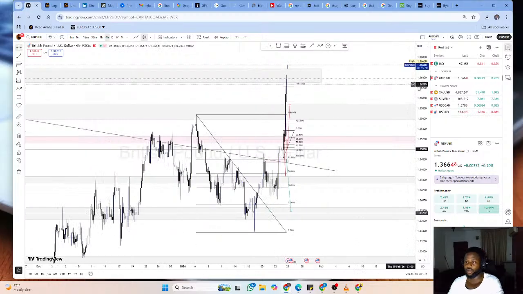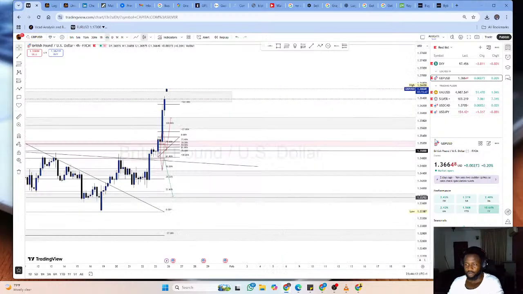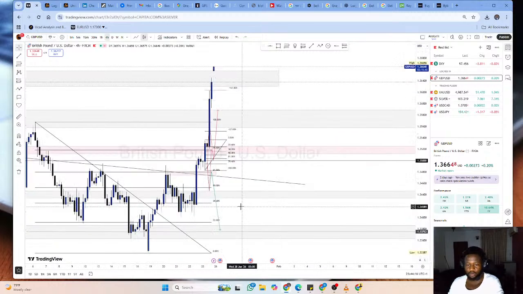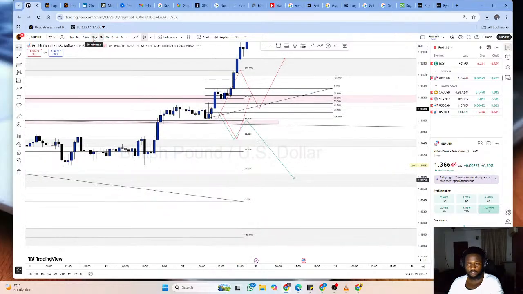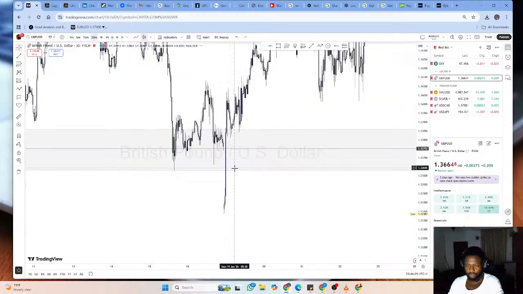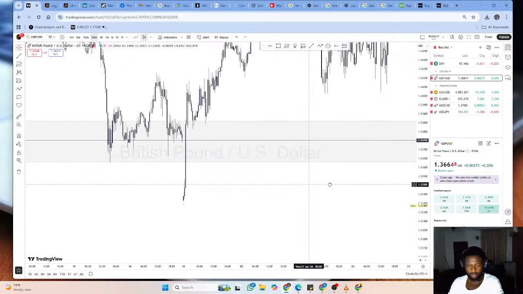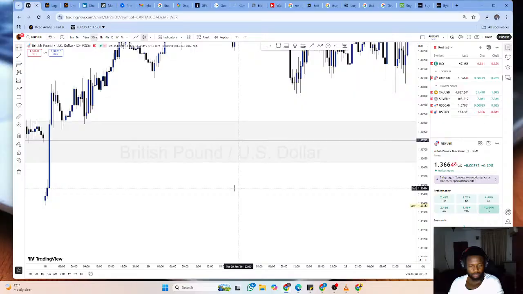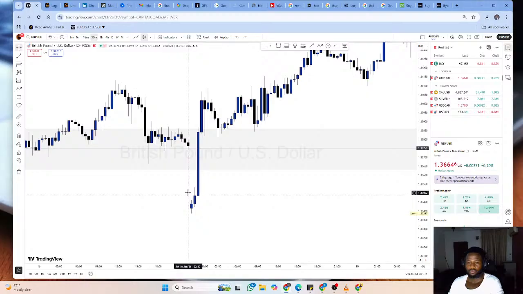Market is open. We have a very massive gap, and when the market gaps like this, sometimes it comes to fill it up. Like previously, the last time we had a gap on GU, it gapped down, and the market came to fill it up, right?